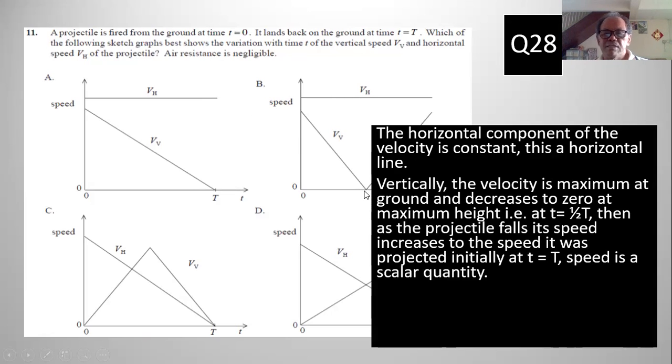Then as the projectile falls, its speed increases to the speed where it's projected at time t. Remember, t is a scalar quantity. We can use roughly this equation, which is for vector, to roughly tell us it's a straight line with negative slope. If we take it as a vector, the answer is B.